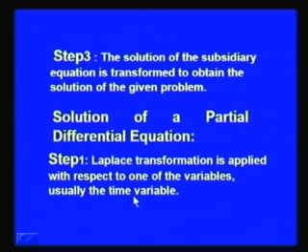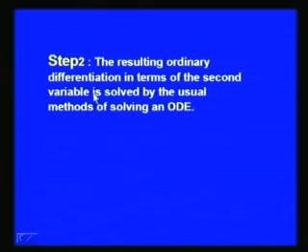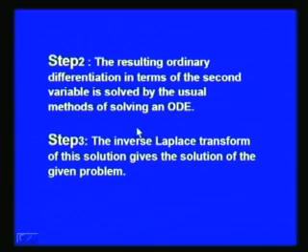Usually we take the time variable, and then the resulting ordinary differential equation in terms of the other variable is solved by using the methods of solving an ordinary differential equation. After getting the solution of the ordinary differential equation in terms of the other variable, we then take the inverse Laplace transform of this solution, which gives us the solution of the given boundary value problem.